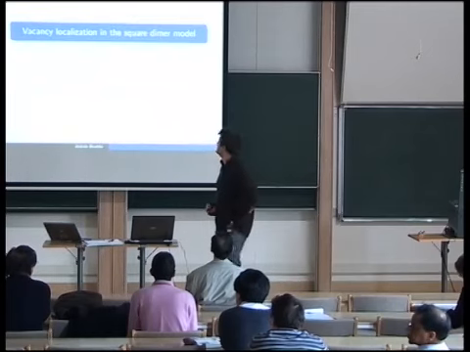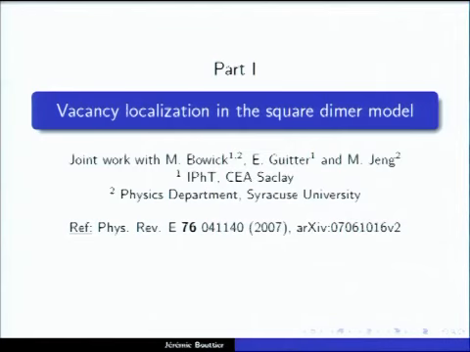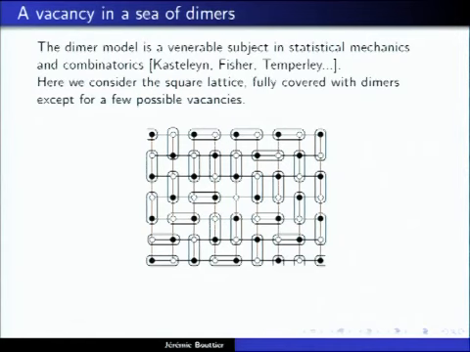So the first part is based on a paper in collaboration with Marc Bowick, Emmanuel Guiter, and Manuel Zheng from Saclay and Syracuse University. The reference is there. It's maybe an incursion into a venerable subject in statistical mechanics, the dimer model, which is arguably as well studied as the Ising model.